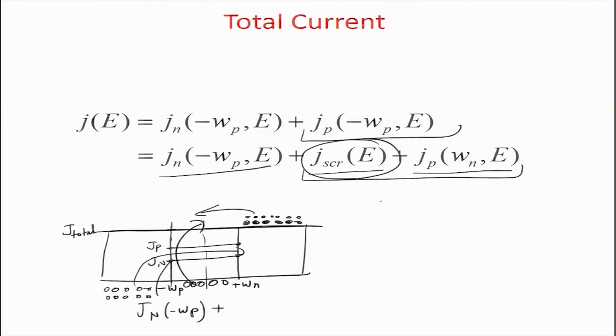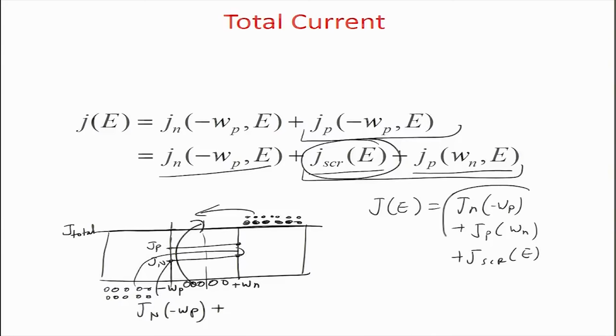In case of dark, this J e was equal to J n at minus W p plus J p at W n. Now, we have added one more term, which is J SCR. This was there earlier also in the dark, because these two profiles were flat, so whether you take it at this point or at this point, both were similar.